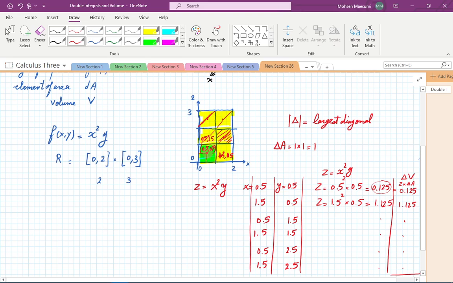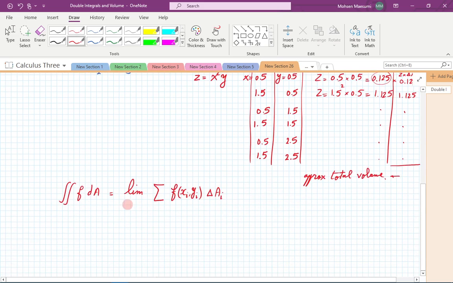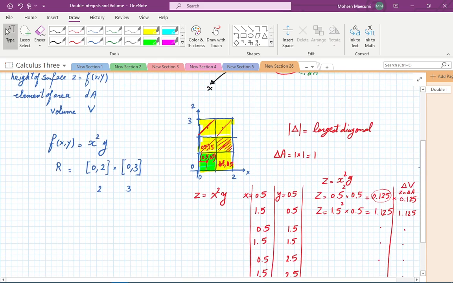Now, in our problems, all the cells are the same. They are all squares or rectangles, so all of their diagonals are going to be the same, but in general they could be different. So we take the largest of all of these diagonals, and we make sure that the largest of them tends to 0.